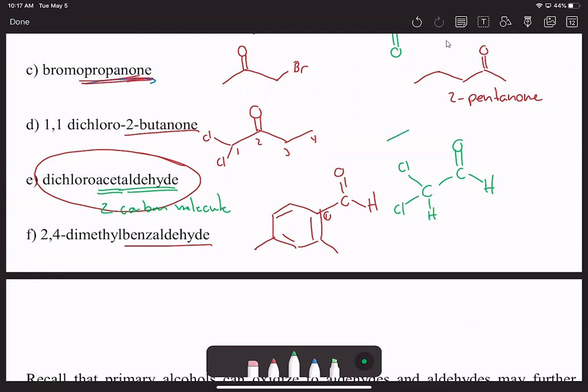We could draw it in line structure like this, and it would represent the same thing. So there's our dichloroacetaldehyde. And again, we know acete means 2 carbons. And then the aldehyde functional group is just one of these functional groups that you do have to memorize. So dichloroacetaldehyde.